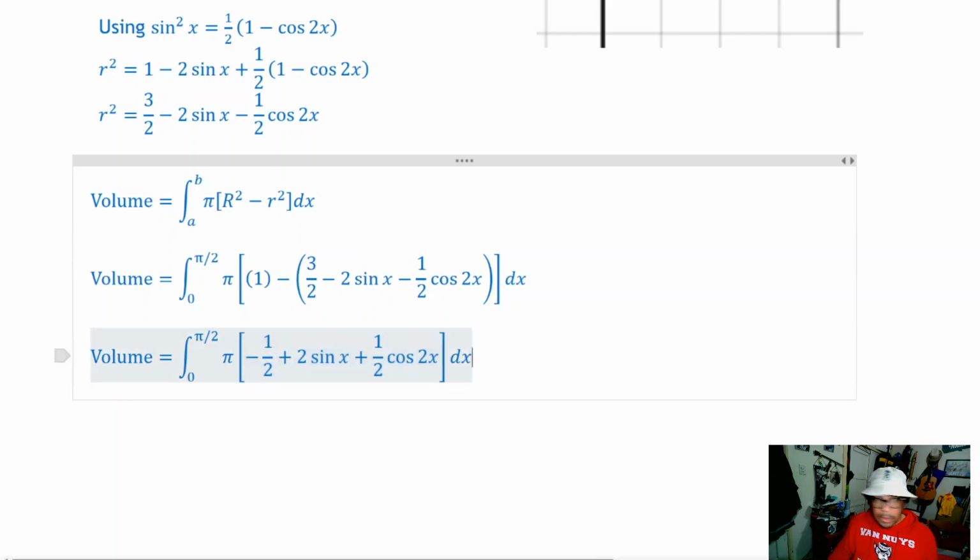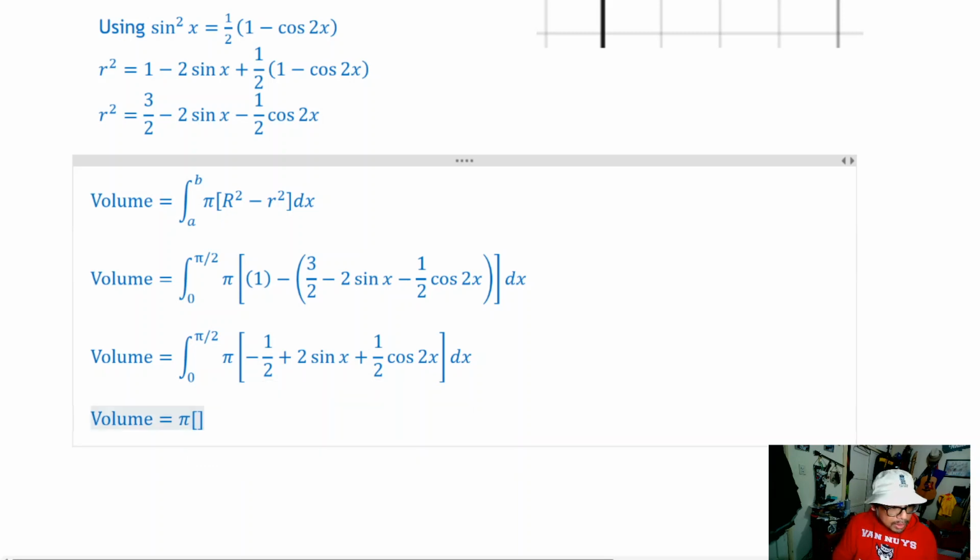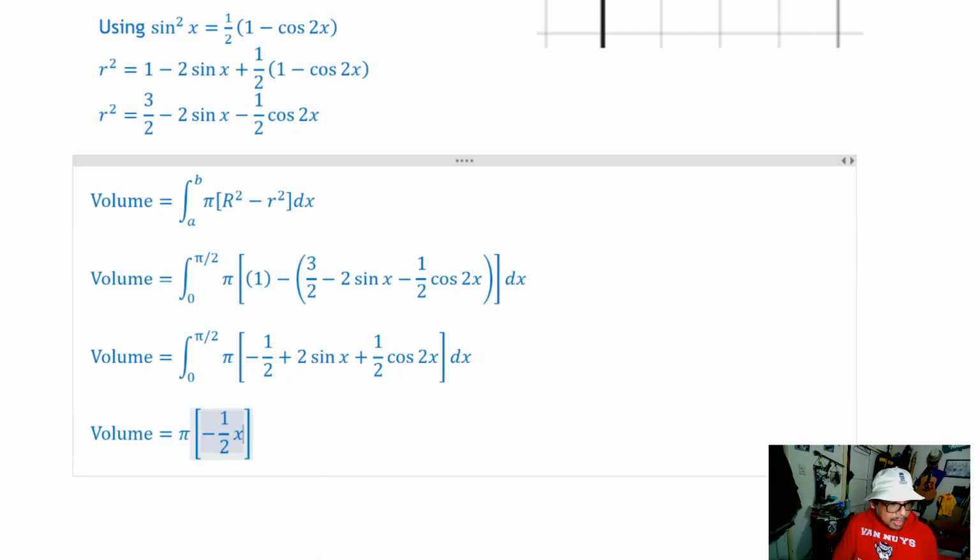Okay, and I think we are ready to integrate now. Let's take that. We'll put our pi on the outside. And let's take the integral of each one of these pieces. Antiderivative of -1/2 is -1/2 x.